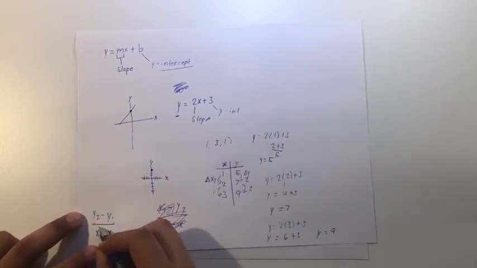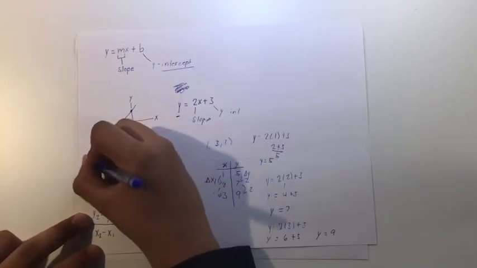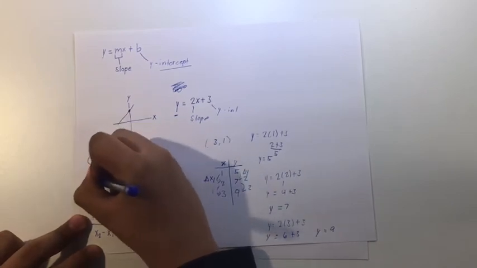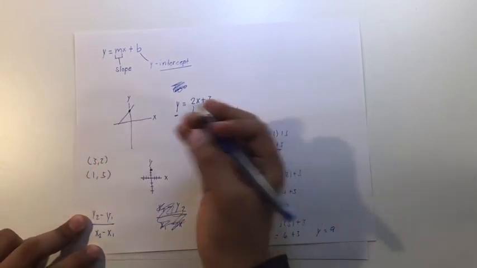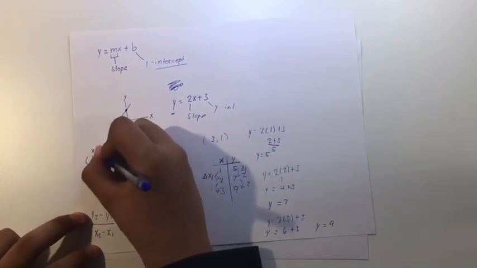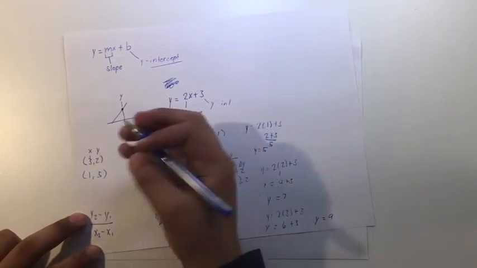An example would be if you have two pairs of coordinates like 3, 2 and 1, 5. You know that the first number in each coordinate is x and the second is y.